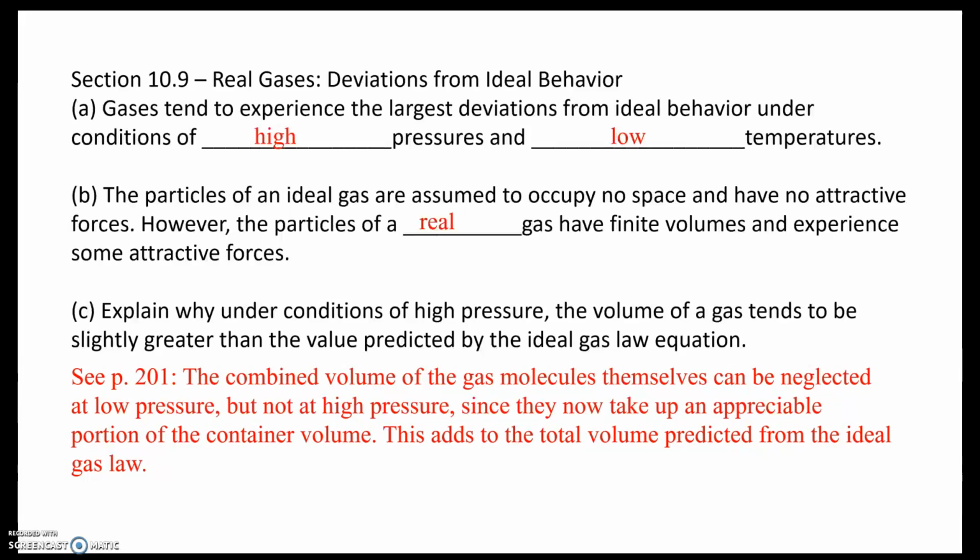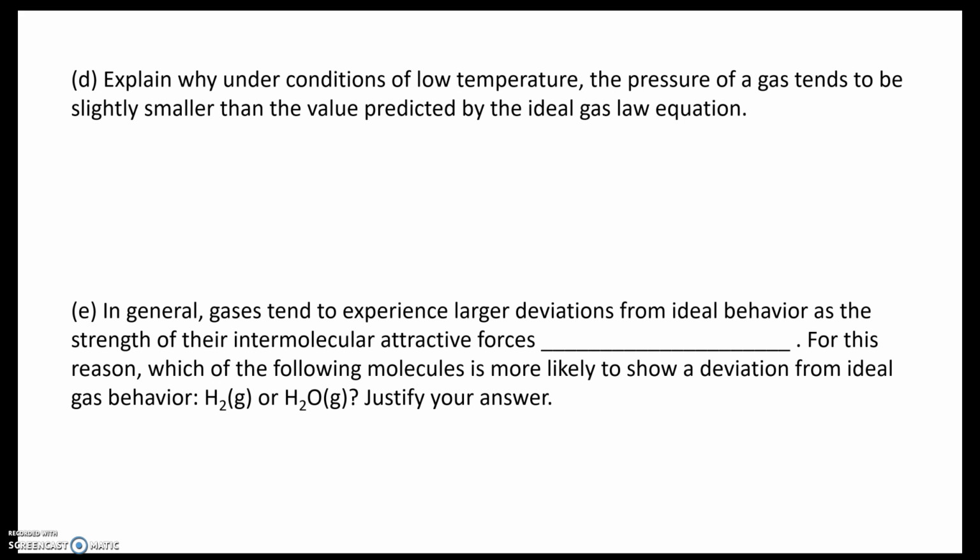The combined volume of the gas molecules themselves can be neglected when we're at low pressure. But when we get to high pressure, I can't really do that because now they take up an appreciable portion of the container volume, and that adds to the total volume predicted from the ideal gas law. All right, explain why under conditions of low temperature, the pressure of a gas tends to be smaller than what we predict.